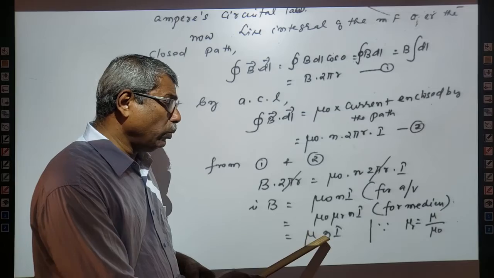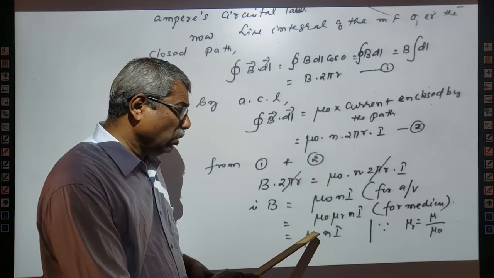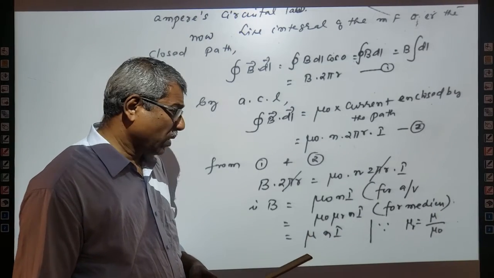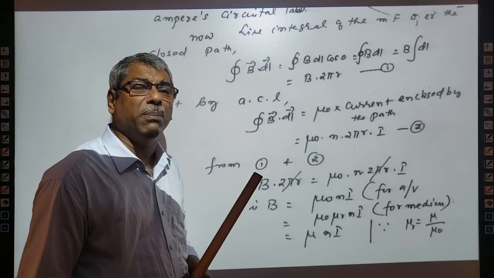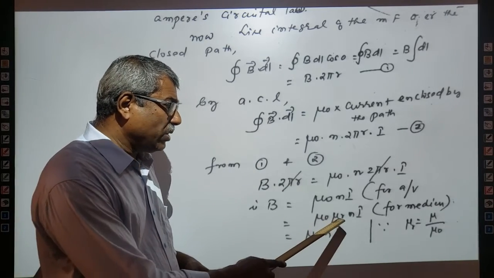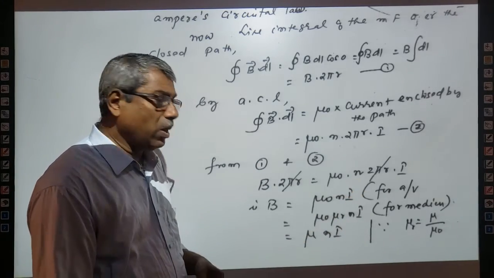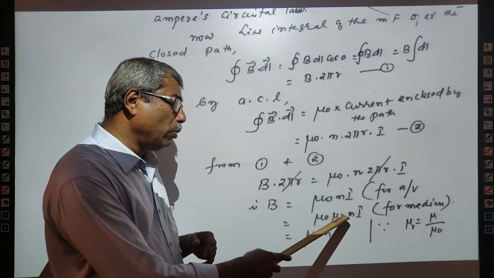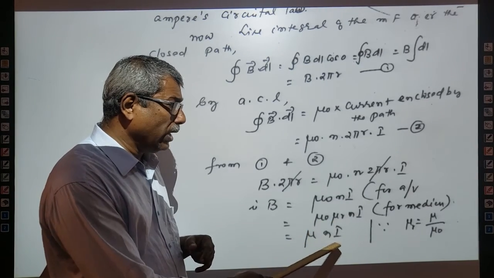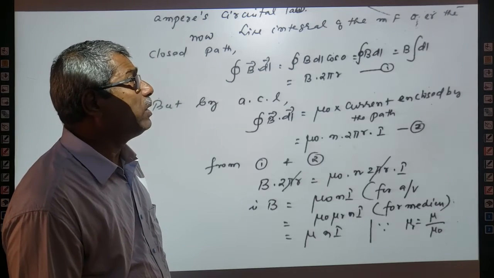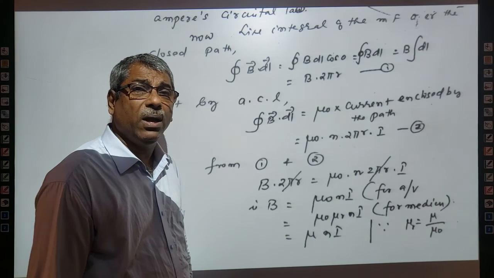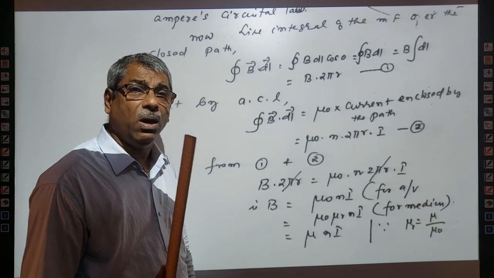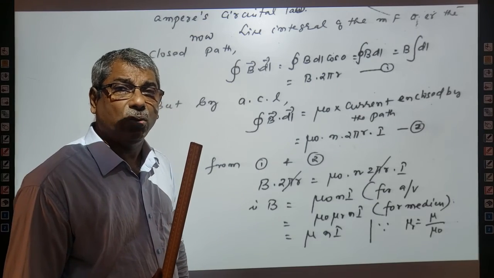That is equal to mu into n I. Again, you know that mu is the absolute permeability, and mu r is equal to mu by mu 0. Therefore, mu 0 mu r is equal to mu, so B is equal to mu n I, and this is about the toroid. These are the applications of Ampere's circuit law. This topic is also finished.